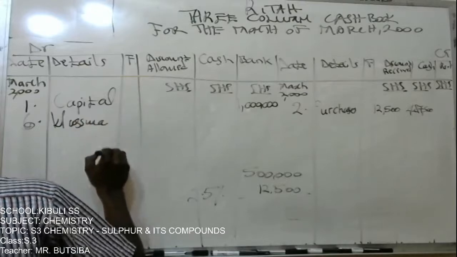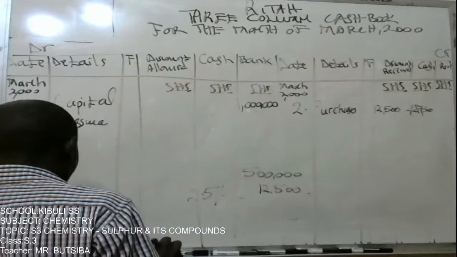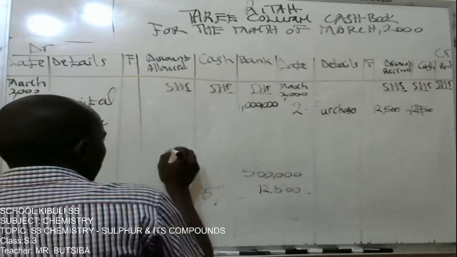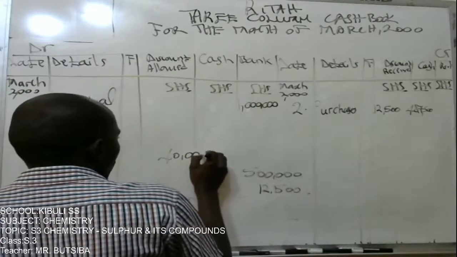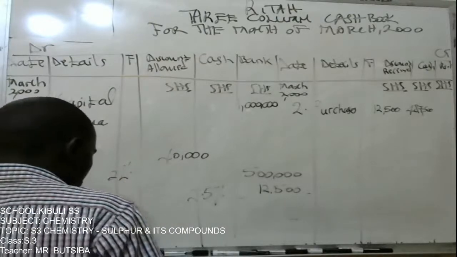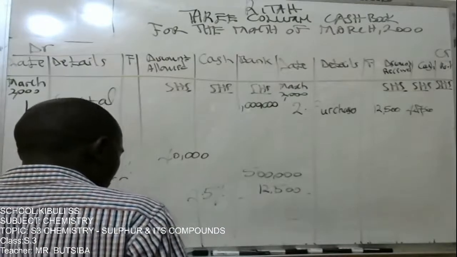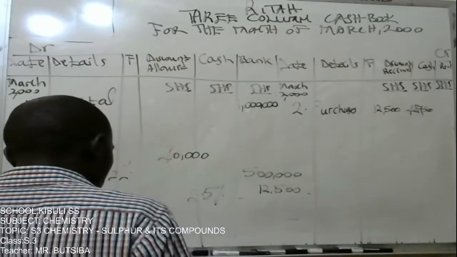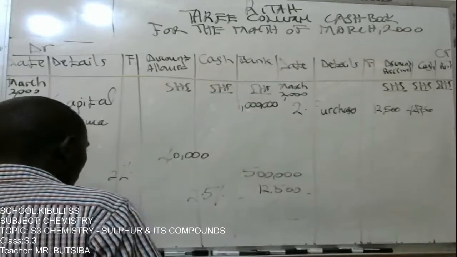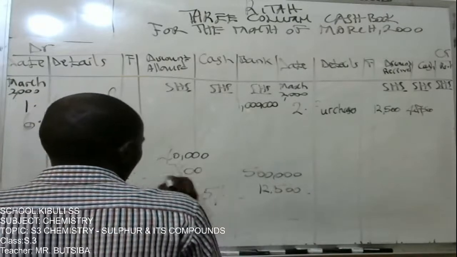It was supposed to be 40,000, but then we allowed Waswa a discount of 2%. So you get 2 divided by 100 times 40,000, which gives me 800 shillings.